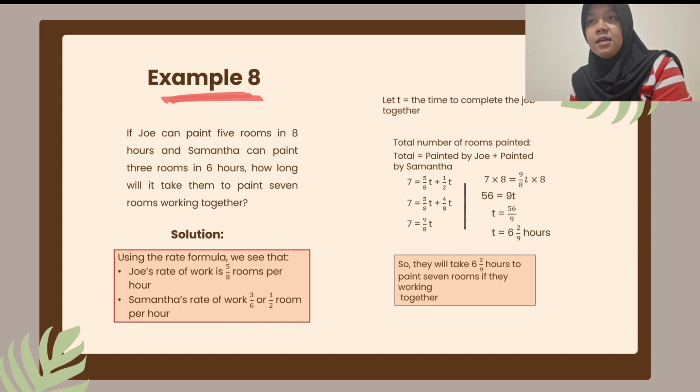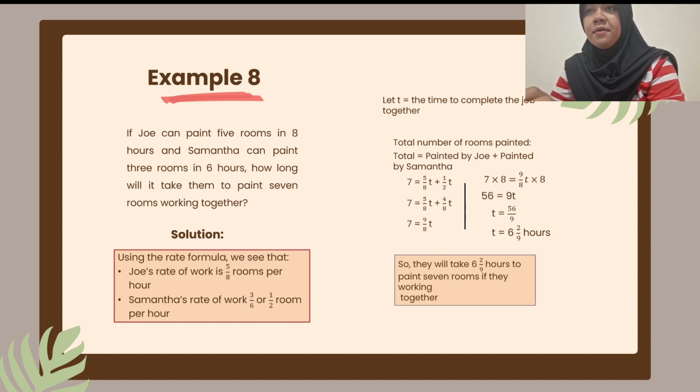Okay, let t be the time to complete the job together. The total number of rooms painted is the number painted by Joe plus the number painted by Samantha.